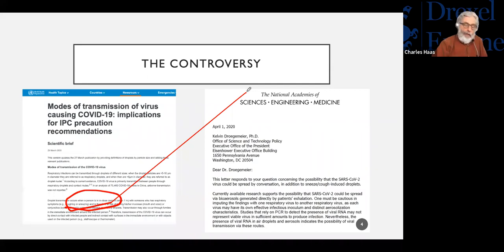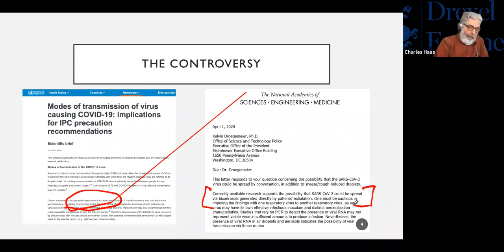And this committee, in the second sentence, concluded that current available research supports the possibility that this could be spread via bioaerosols generated directly by patients' exhalation. And it goes on to talk about the difference between PCR and viable virus, as we've discussed previously.